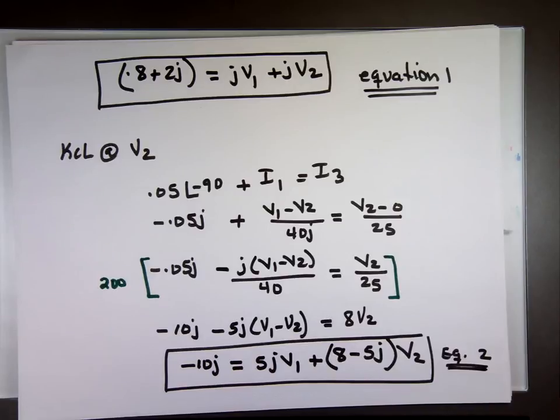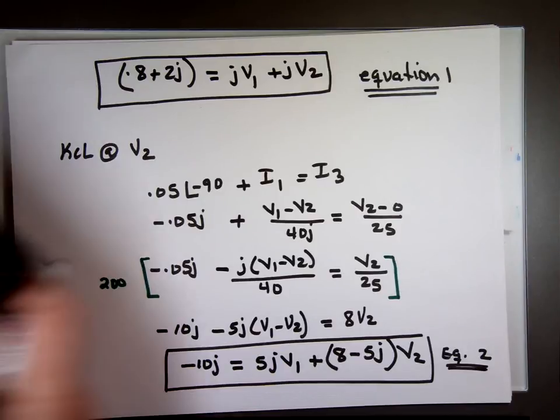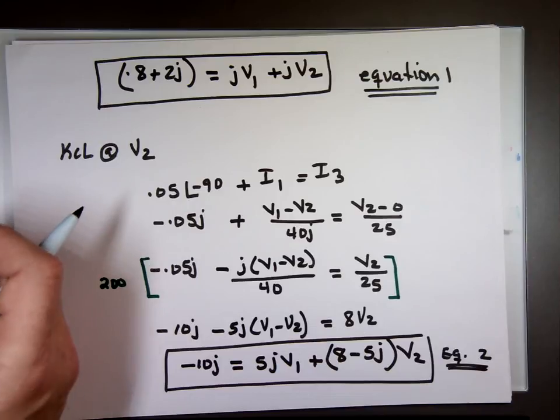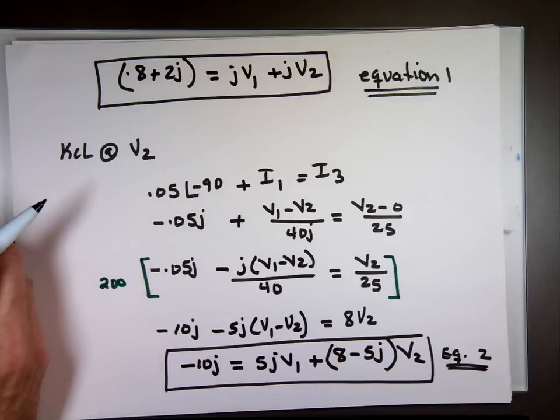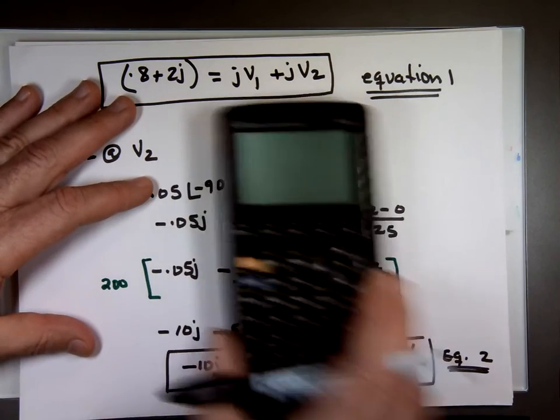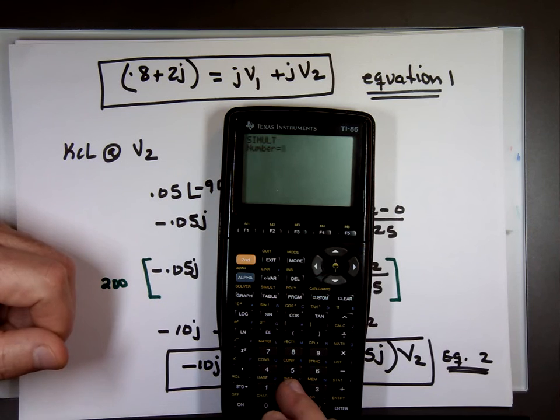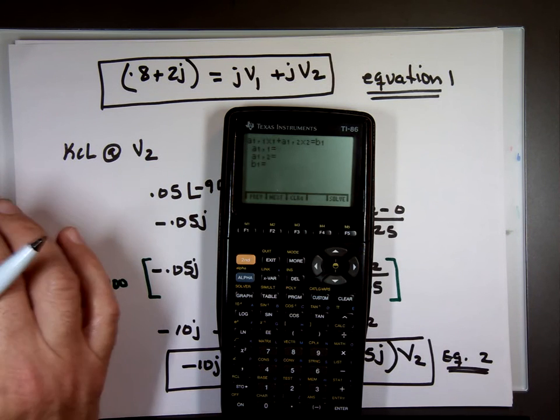Take the two equations, solve them any way you want to. You can use substitution, elimination method, or if your calculator does that, let's see this one. I have simultaneous on mine. Number of equations 2. And I'm going to put the coefficients.